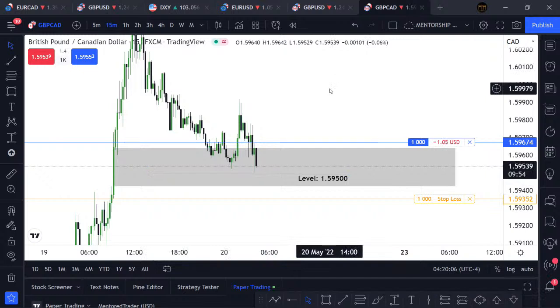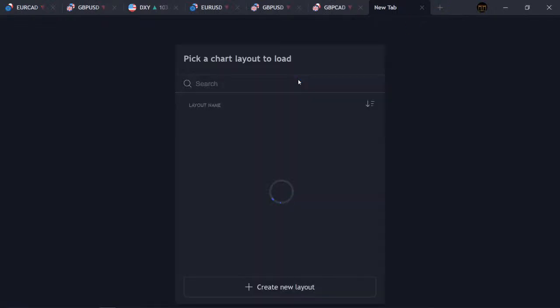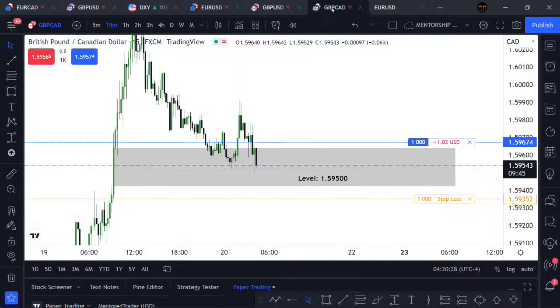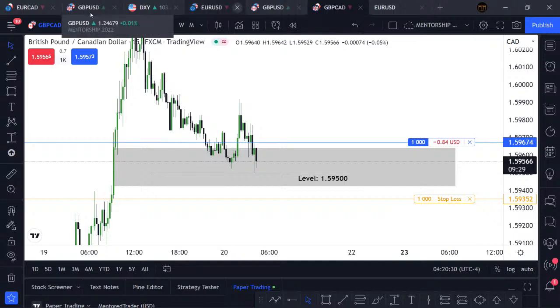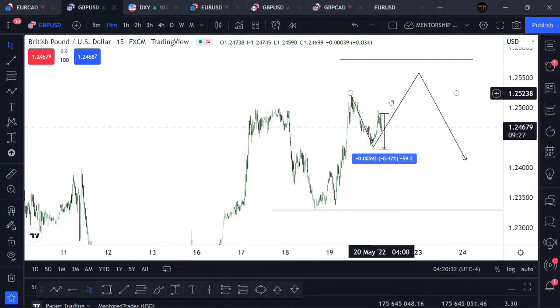Which other currency am I going to look at? Well, let me look for the euro as well. Euro GBP, euro pound, as it's loading. GBP USD.